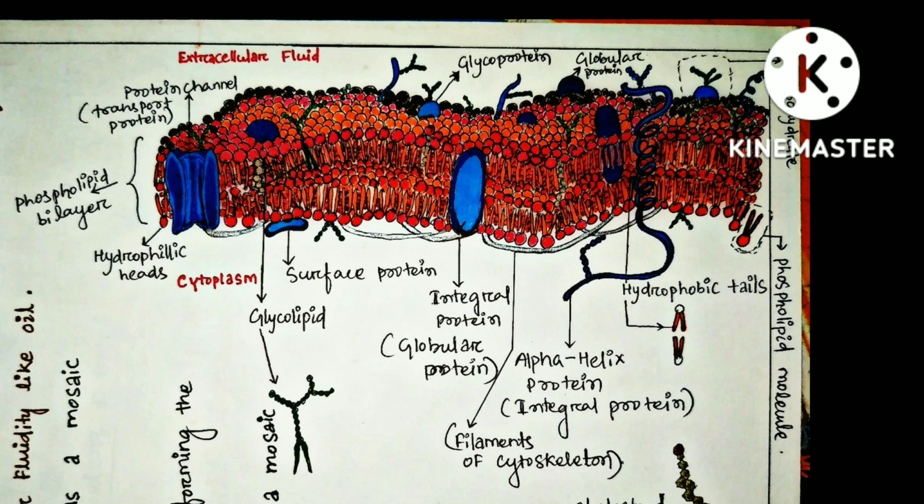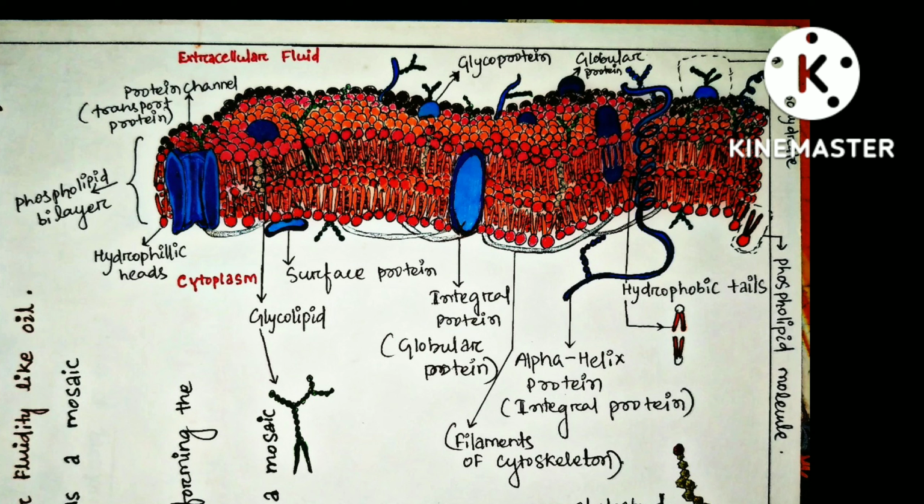Each phospholipid has a hydrophilic head and a hydrophobic tail inside the bilayer. Cholesterol and proteins are embedded in the bilayer, which gives the membrane a mosaic look. Each component has a specific function to perform.